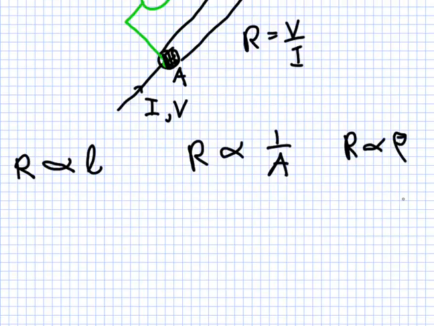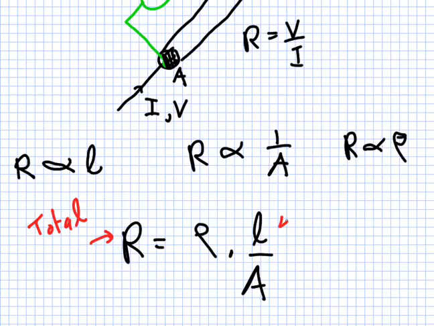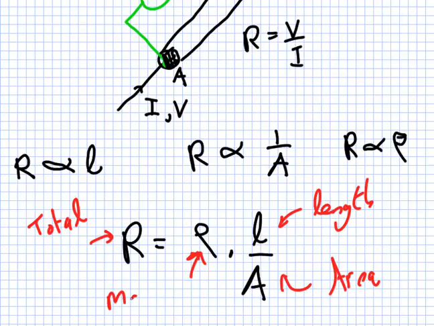So in other words, putting these all together, we get R equals rho, resistivity, times length over area. So this here is the total resistance, this here is the length, this here is the area, and this here is a constant due to the material.